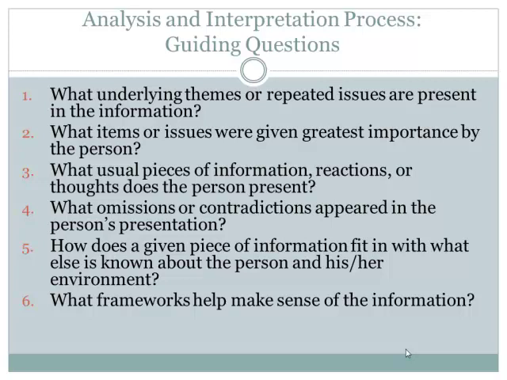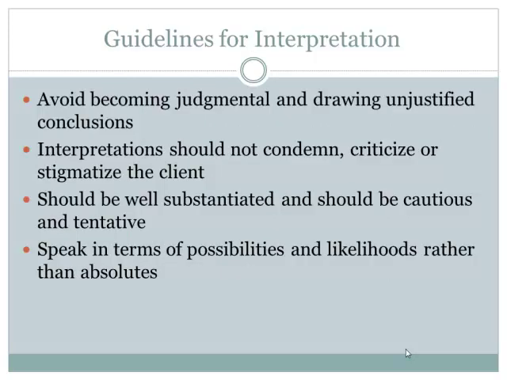Sometimes a client may say one thing, and then in other forms of assessment, they might give you totally contradictory information, so pay attention to that. Number 5, how does a given piece of information fit in with what else is known about the person in his or her environment? And number 6, what frameworks help you, the therapist, to make sense of the information, based upon all the different frameworks that we've already discussed?